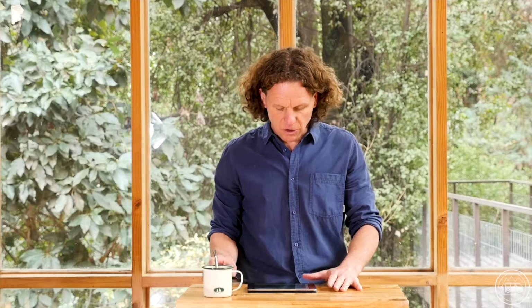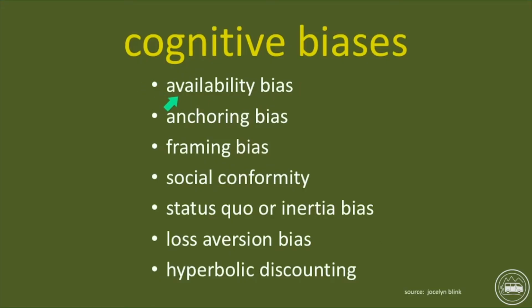And if you look at human behavior that way, then you can see that the people making these economic decisions are far more complex than what the neoclassicists said. Okay, so what are they? They are the cognitive bias of availability, anchoring bias, framing bias, social conformity bias, status quo or inertia bias, loss aversion bias, hyperbolic discounting bias.